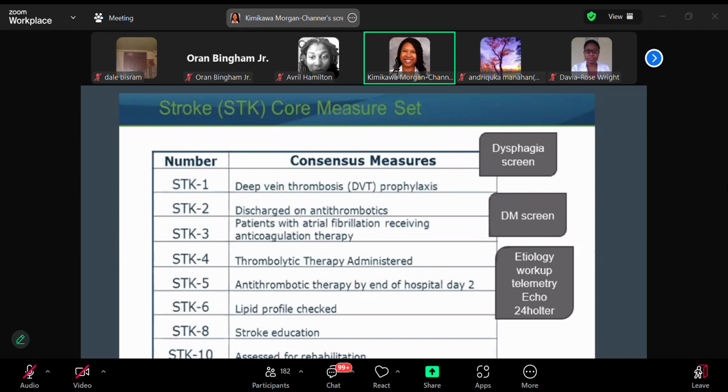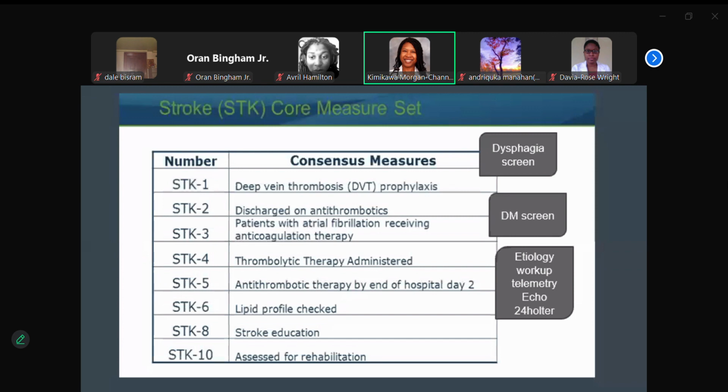The high-grade stenosis, which is usually greater than 80% occlusion or narrowing of the carotid, must be on the side of the stroke.